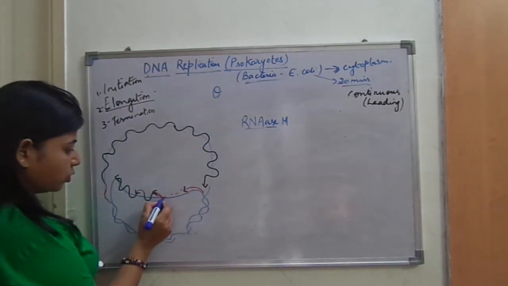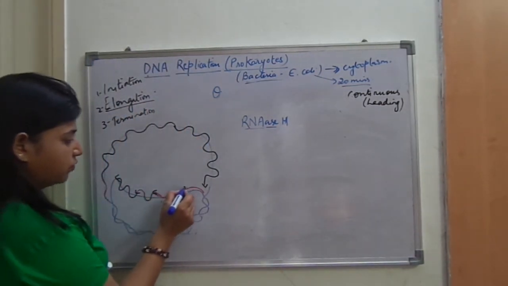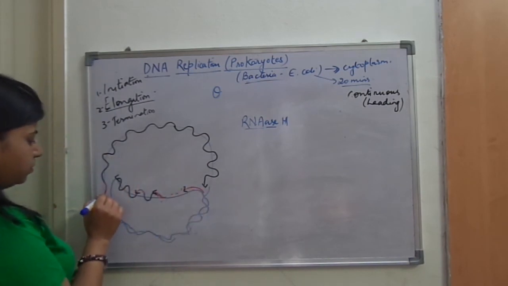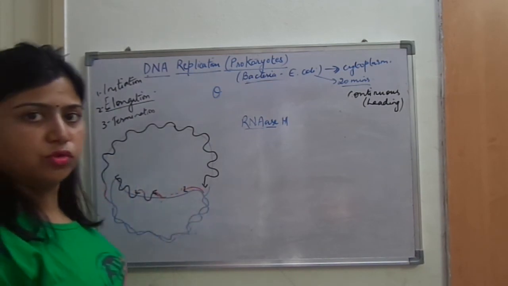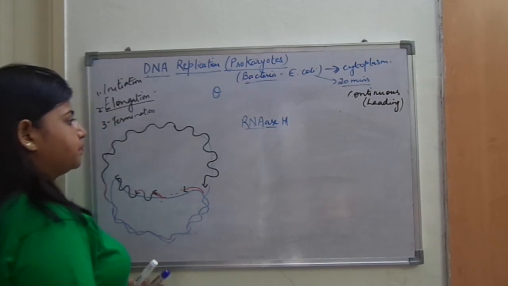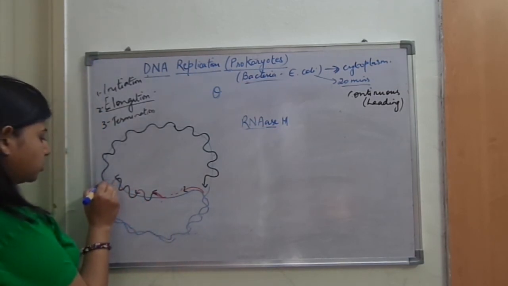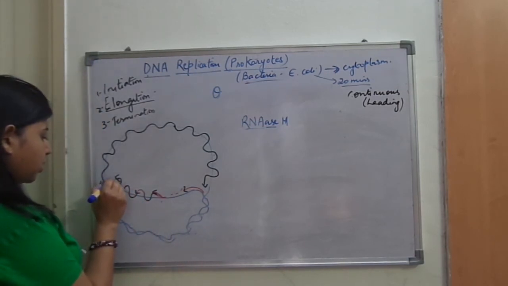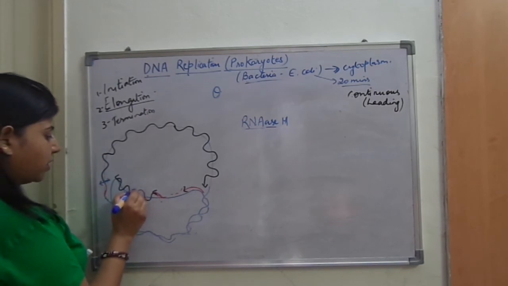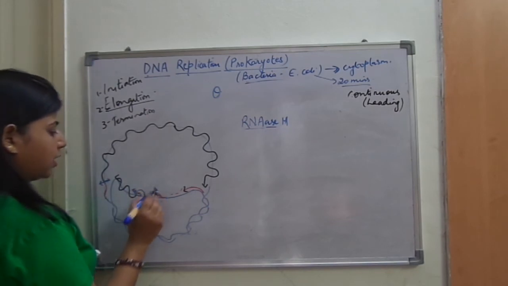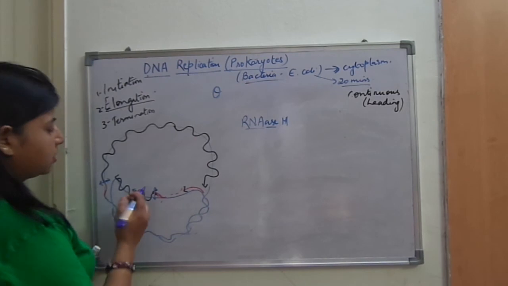So it will be able to remove these RNA strands from these positions and from leading as well as lagging strand, right? But in the end, when it reaches this point, I am drawing it like this, where it meets the DNA and RNA hybrid.